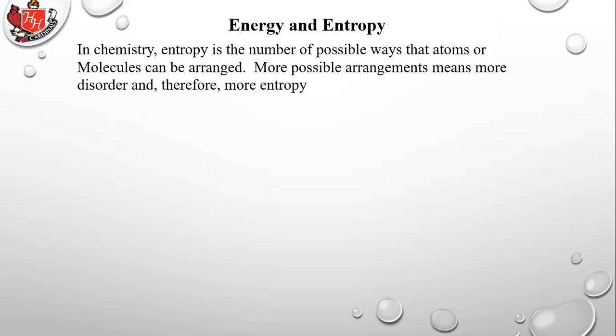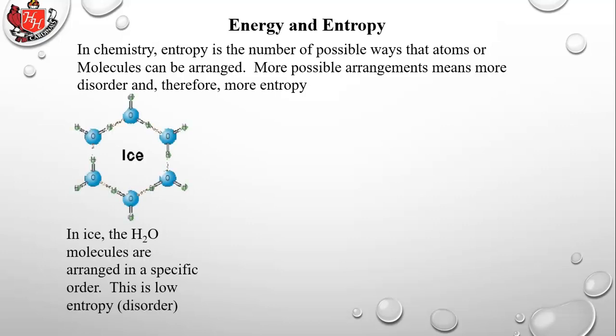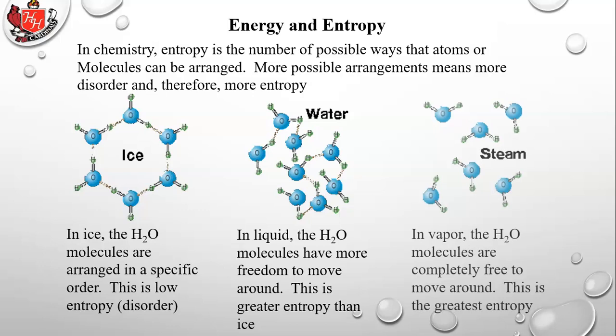The more possible arrangements means more disorder and therefore more entropy. So in ice, the H2O molecules are arranged in a specific order. This is low entropy. In liquid water, the H2O molecules have more freedom to move around. This is greater entropy than ice. And in vapor, the H2O molecules are completely free to move around. This is the greatest entropy.